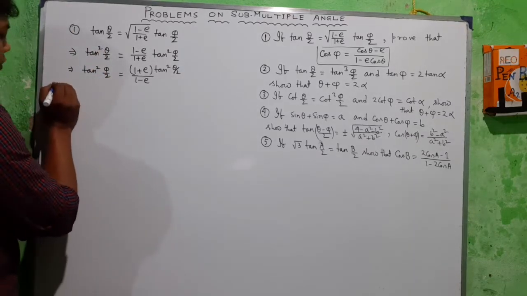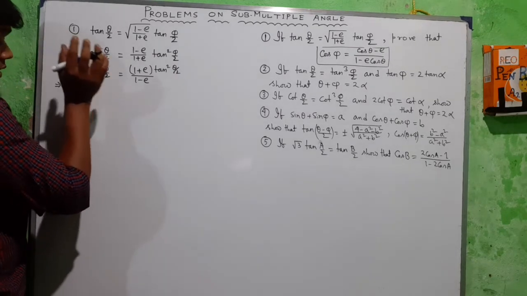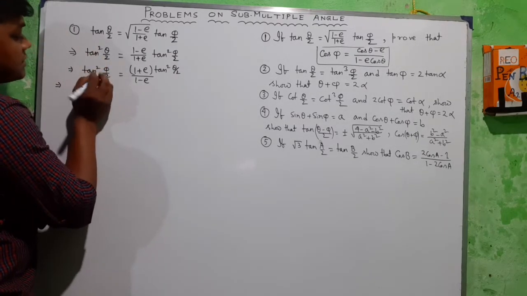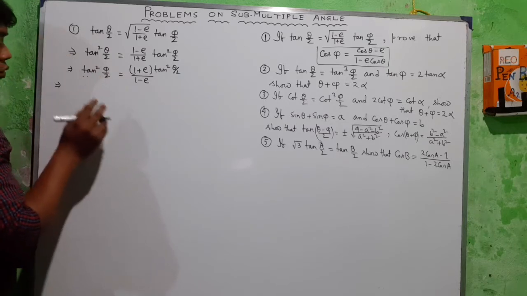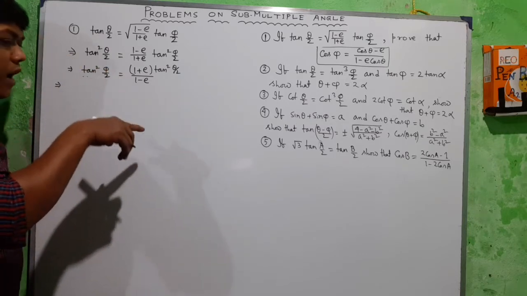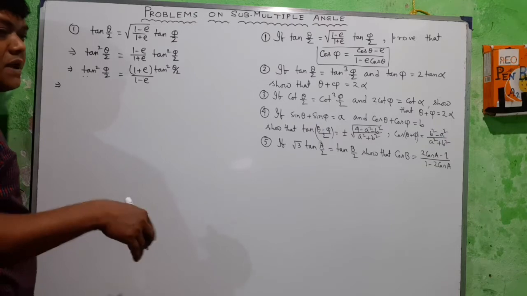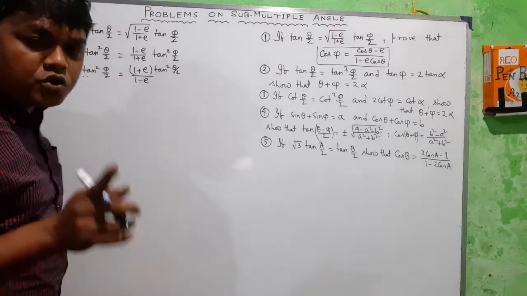So now we can write it as tan square phi by 2 by 1. We use the dividendo and componendo formula, that means in Bengali we can say jog bhag prokriya.